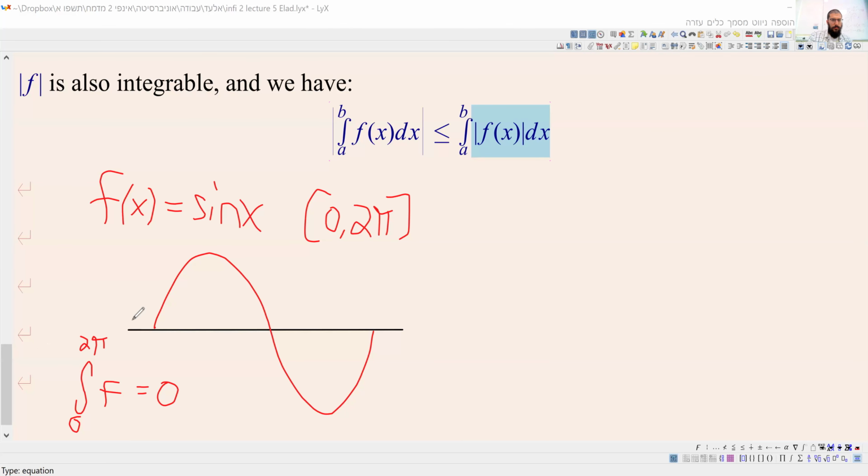Now, if we look at the graph of the absolute value of sinus x, what geometrically the absolute value does is take everything beneath the axis and mirror it up. Let's write it with a different color. I have pink.